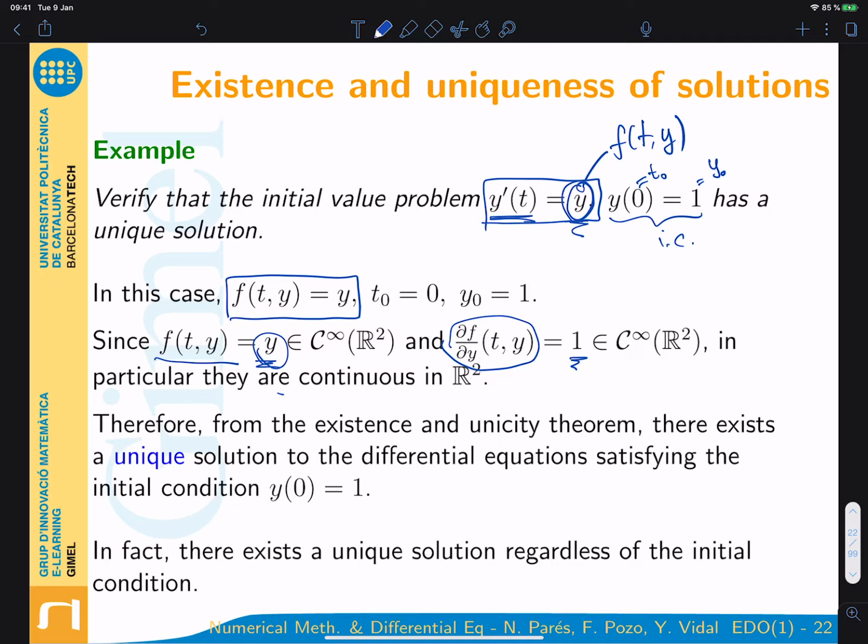So they are continuous functions everywhere, also at the initial condition point. So we can, using Picard's theorem, guarantee that this initial value problem has a unique solution, whatever the initial condition given in this case. In fact, there exists a unique solution regardless of the initial condition of the problem, because both f and the partial derivative of f with respect to y are always continuous for any value of t0 and y0.